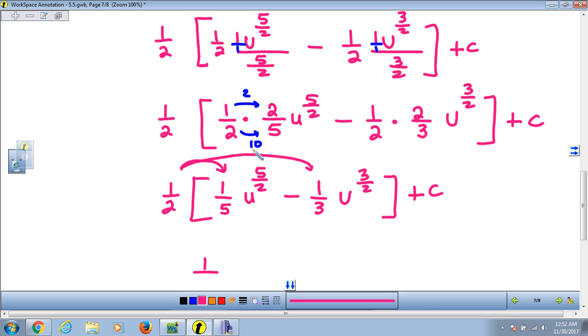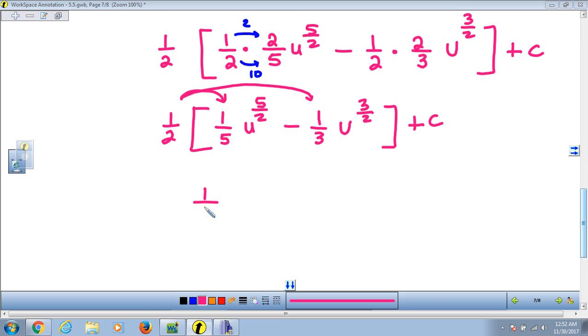Sorry, half of 10 is 5. So, tiny turtle mistake. So 1 over 10, right? 1 times 1 is 1, 2 times 5 is 10. You keep your u raised to the 5/2, minus 1 times 1 is 1, 2 times 3 is 6, u raised to the 3 halves plus c.